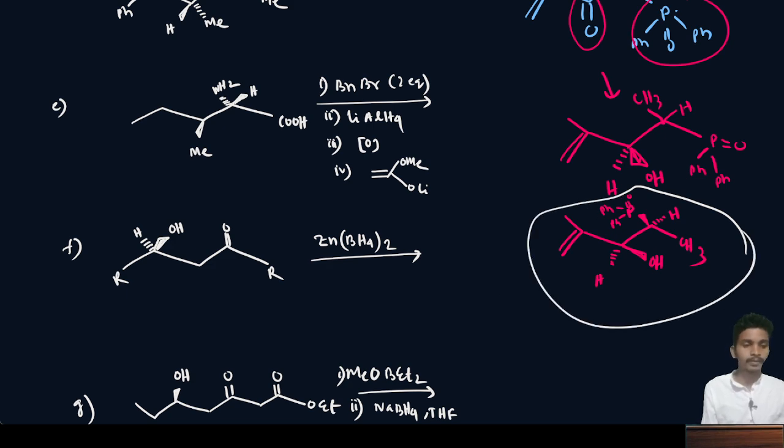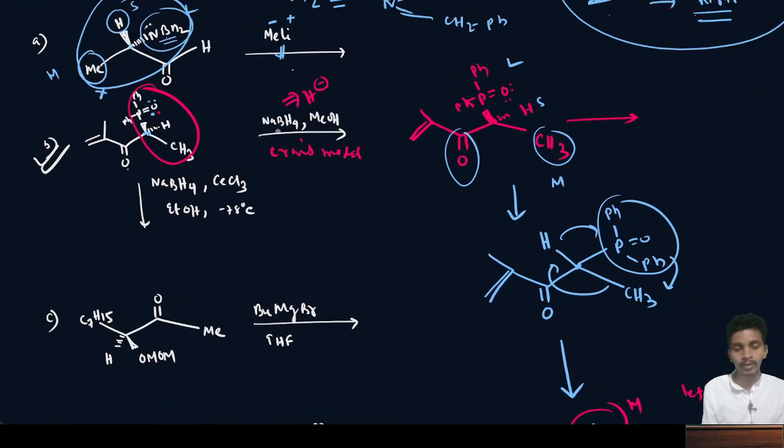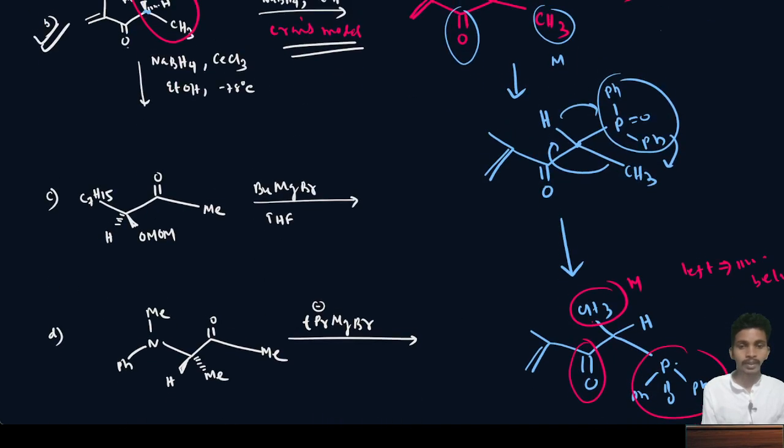Okay, because here due to the metal, there is no chelating property, so you will simply do the Cram's model. Now moving to the next question. This is if NaBH4 and CeCl3 are there, with this solvent and minus 78 degrees centigrade.